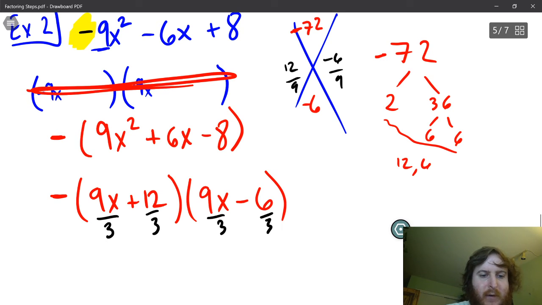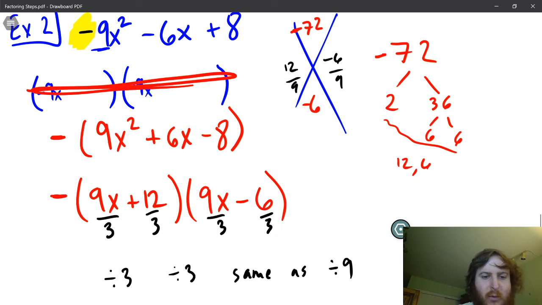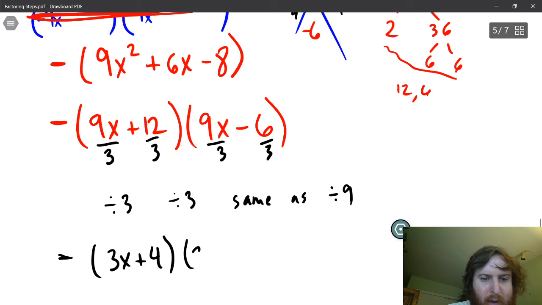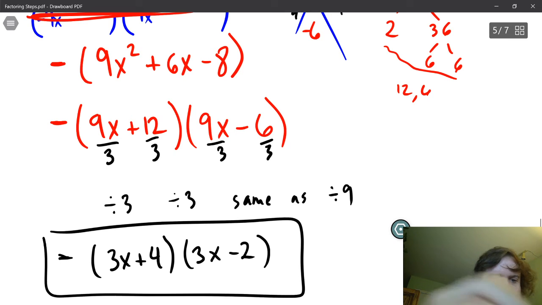If we divide by 3 twice, that's the same as dividing by 9. So in doing that, essentially we did our process. So what's going to happen is this is going to be a negative 3x plus 4, and then 3x minus 2. And here's our final answer.